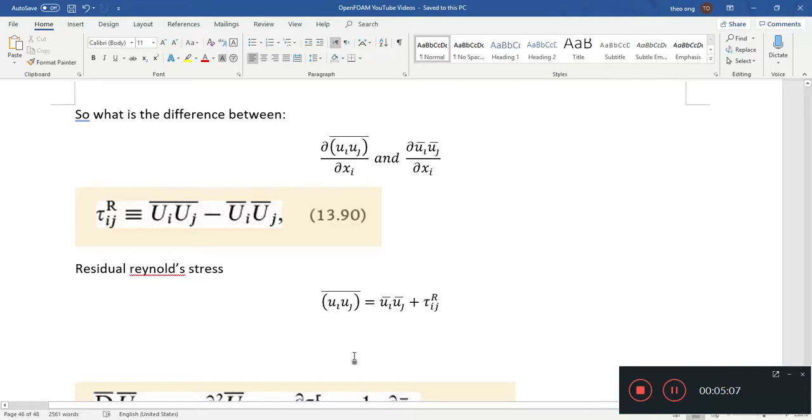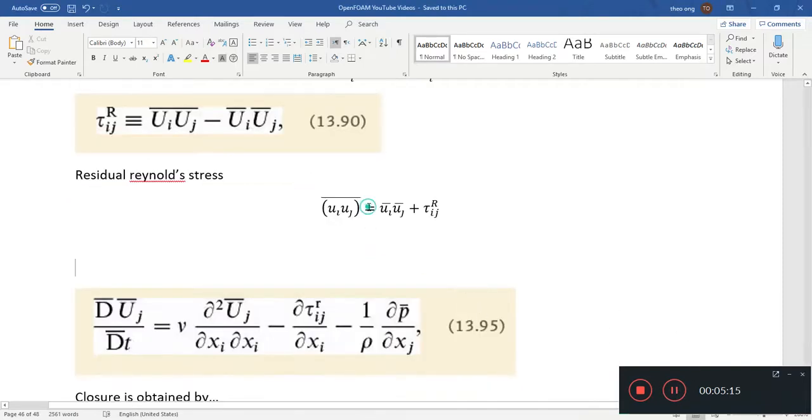This is the effect on the filtered velocity. Other than that, we don't really care. So we model it as some sort of Reynolds stress, and then we use some kind of empirical model, a fudge model, to try to resolve this.